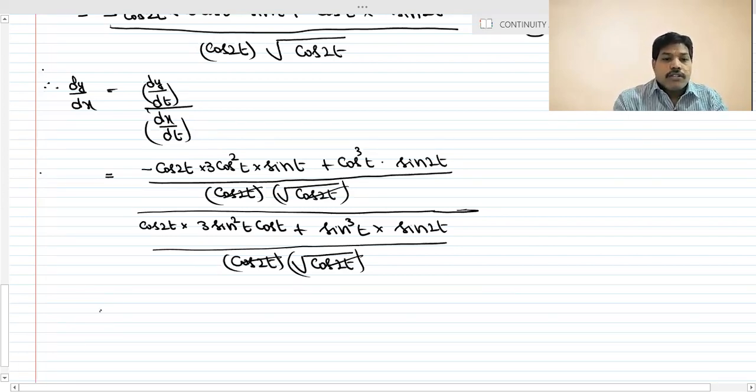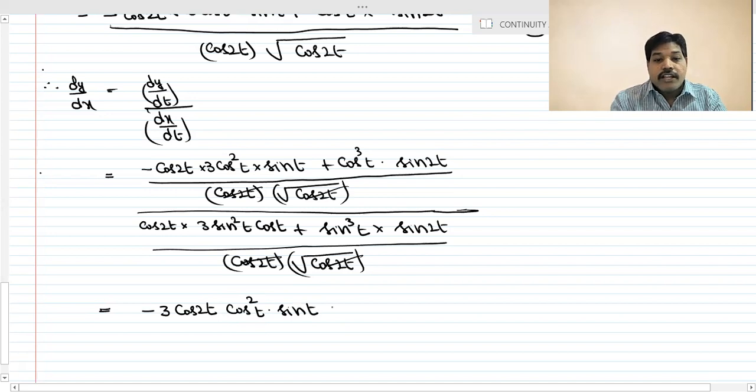So that is equal to minus 3 into cos 2t into cos square t into sin t plus cos cube t into sin 2t, you can write as 2 sin t cos t.